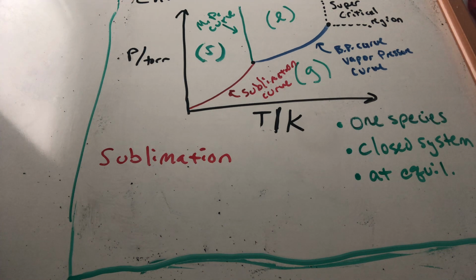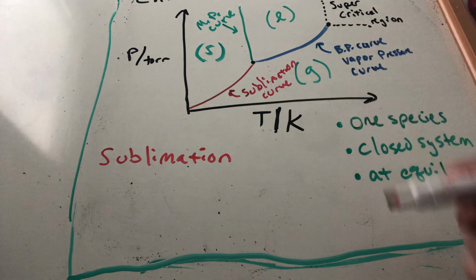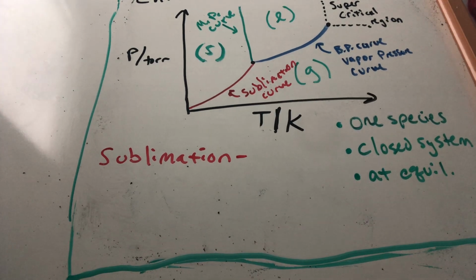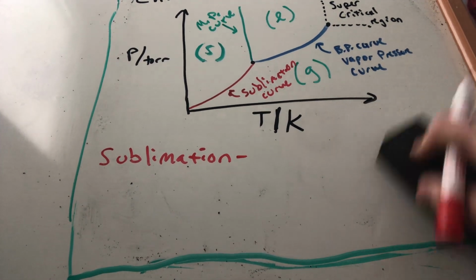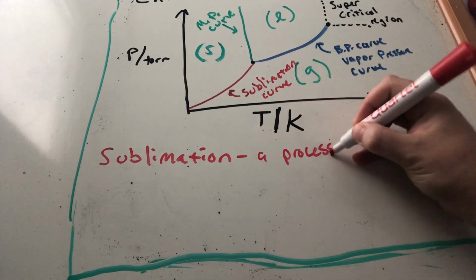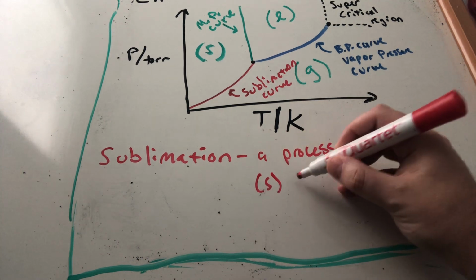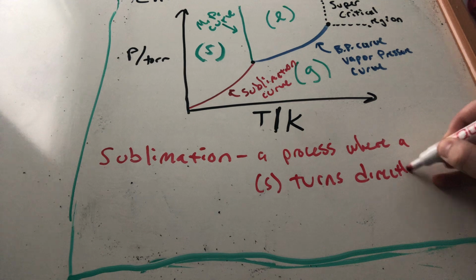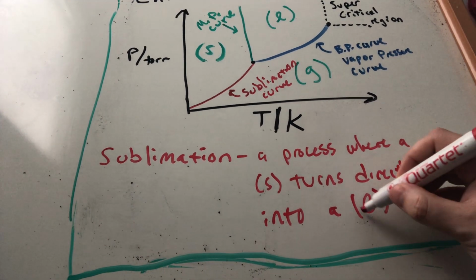While we introduced it, let's talk about sublimation. What happens on this curve is solid and gas can coexist together. So sublimation, you may or may not have heard about. This is a process where a solid turns directly into a gas.